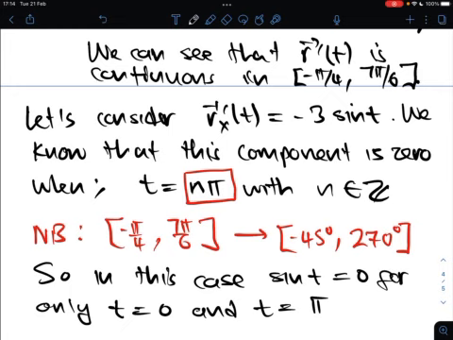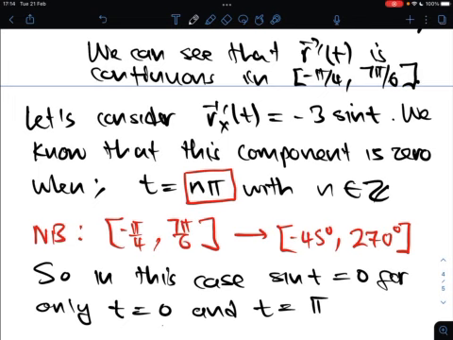You see that? Because the only integer multiples of pi that we have in this interval are just 0 and pi. So sine t can only be 0 for t equals 0 and t equals pi.